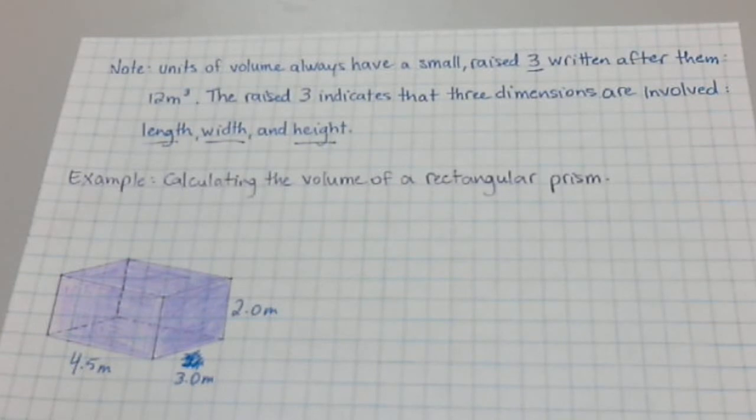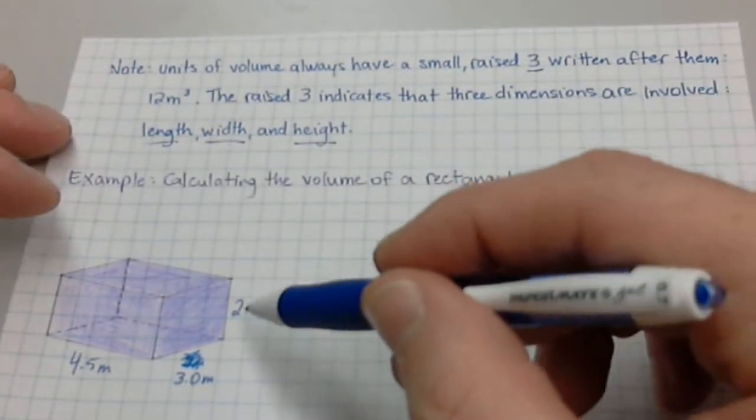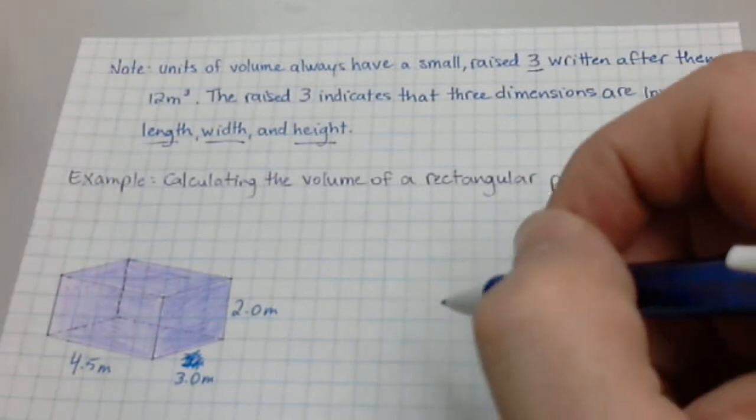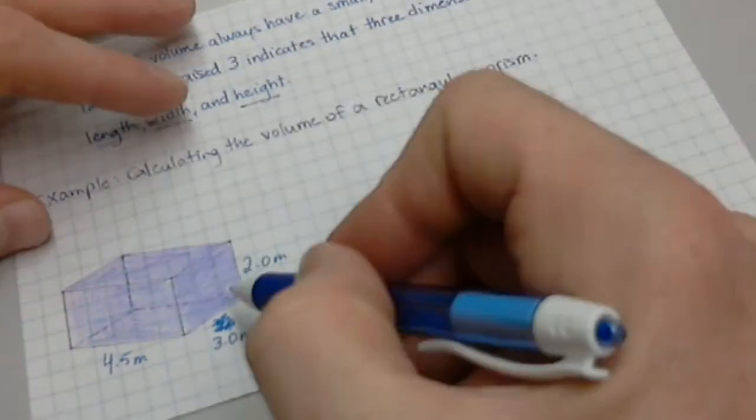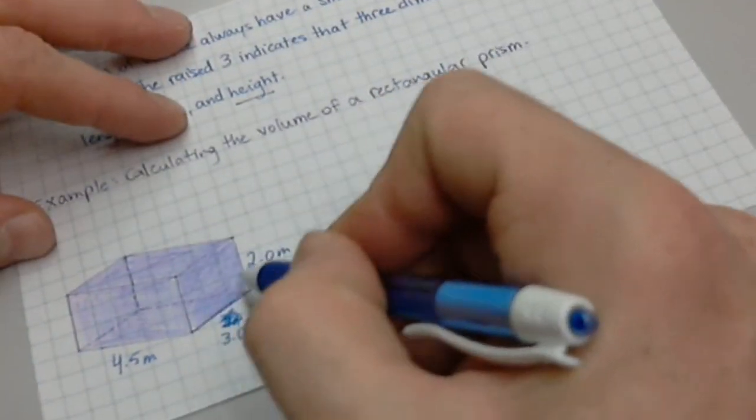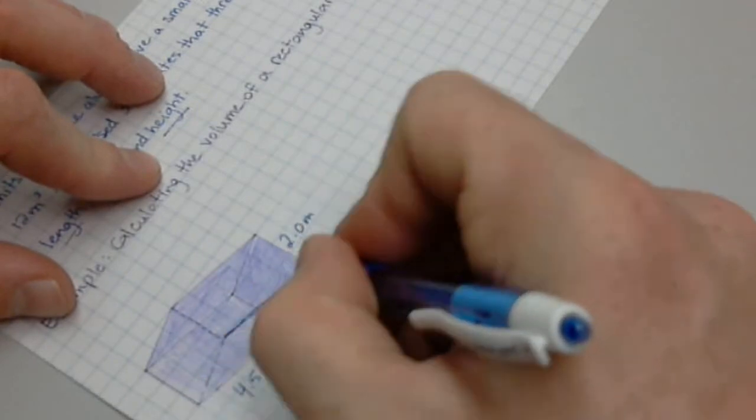And the way that we are going to do that is, I don't necessarily need us to show it using centimeter linking cubes, but I'm going to find the area of the base first. So if this is the base, it's this part here.